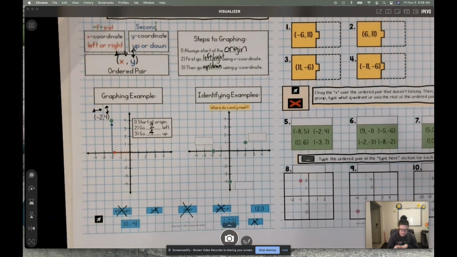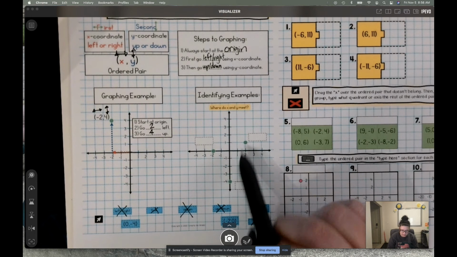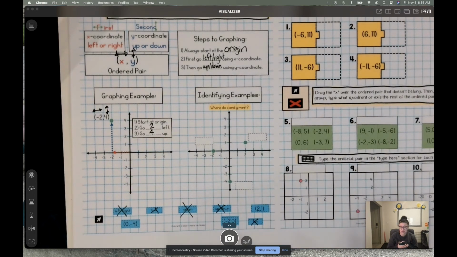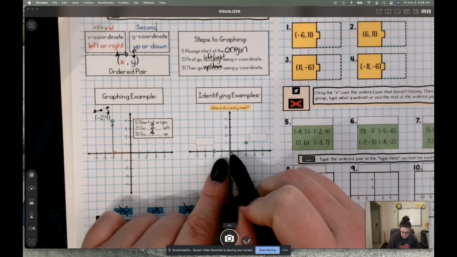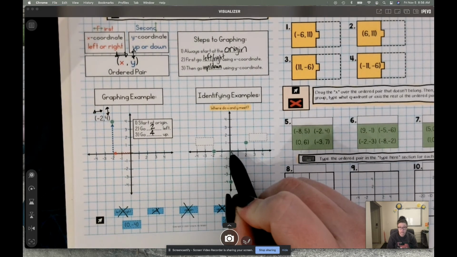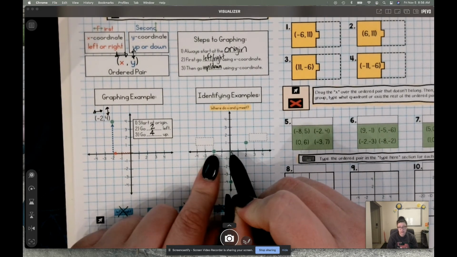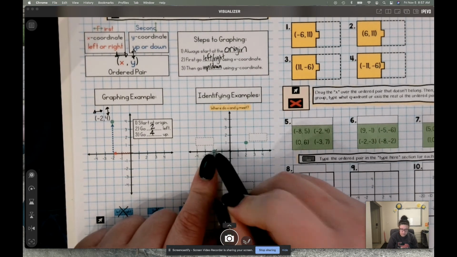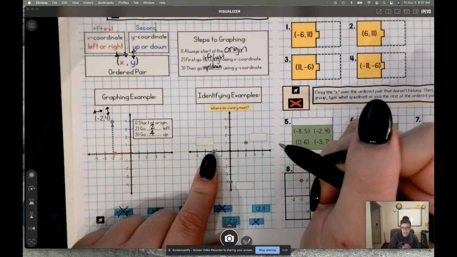So let's go over here and let's look at some examples. This time they have the points and we have to tell them what the coordinates are. So we always want to start at our origin. And let's say we want to get to this dot here. We want to get to this dot on the left. Remember with your ordered pairs, what direction do we go first?